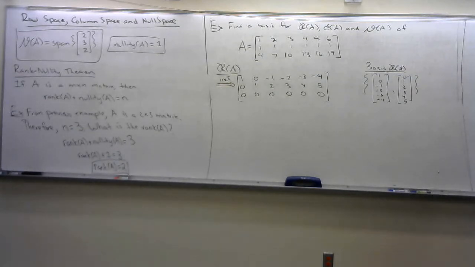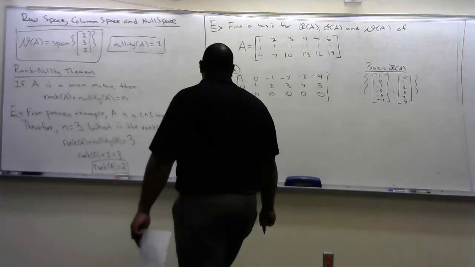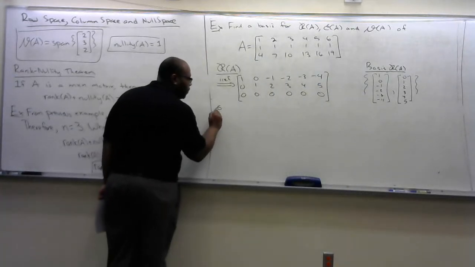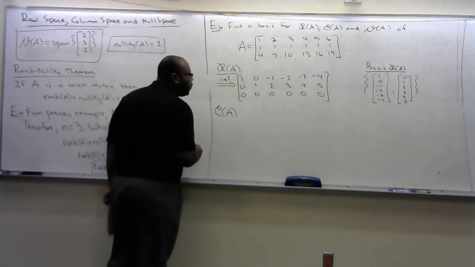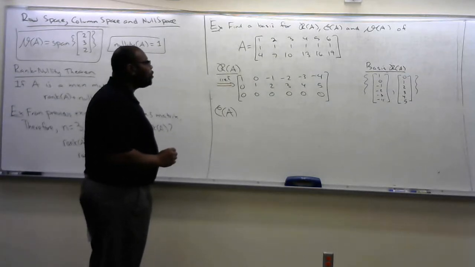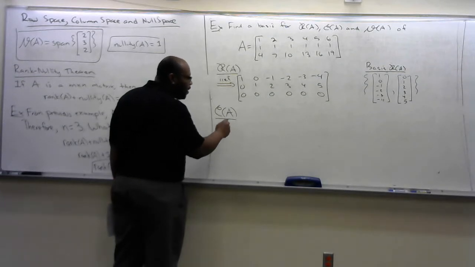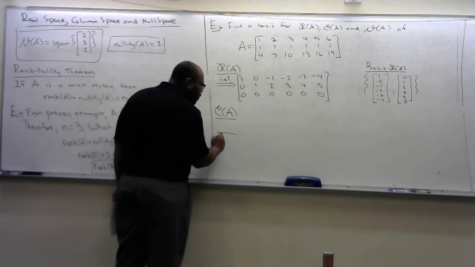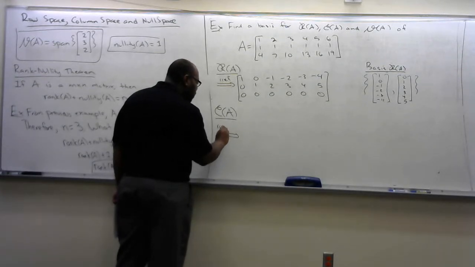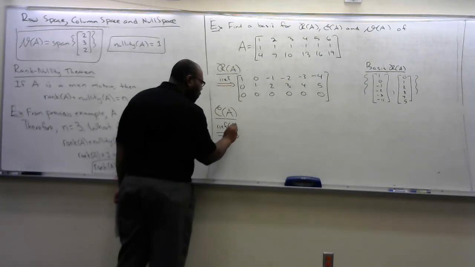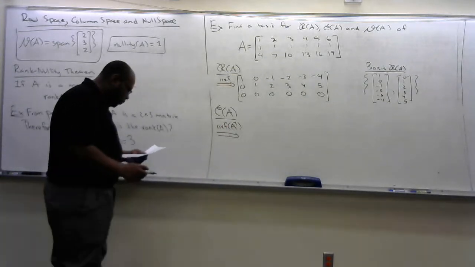The column space of A. I need to do A transpose, right? So I'm not going to write A transpose down. I'm just going to say the reduced row echelon form of A transpose. What is that going to be equal to?